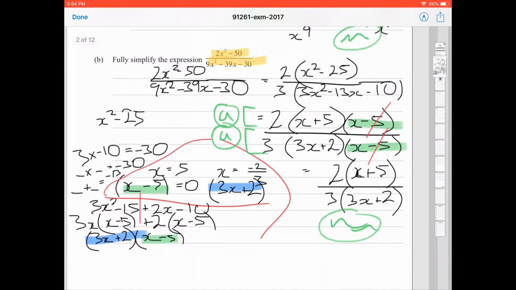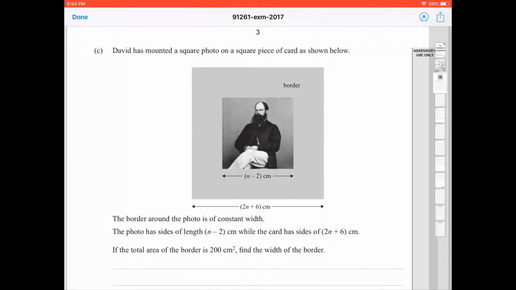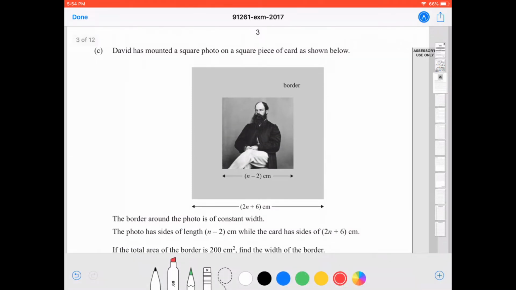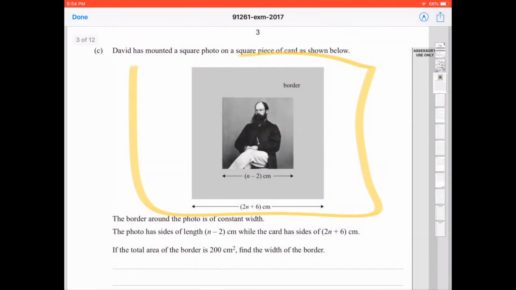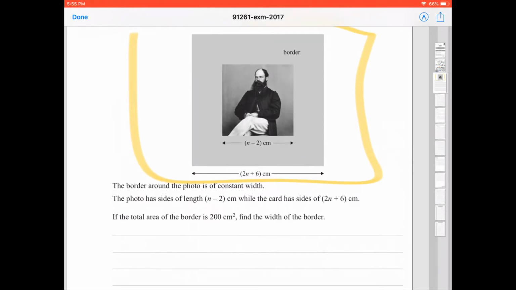Okay, that's us for question 1b. Let's move on to question 1c. It says, David has mounted a square photo on a square piece of card as shown below. And we've got this diagram here. It says the border around the photo is of constant width.